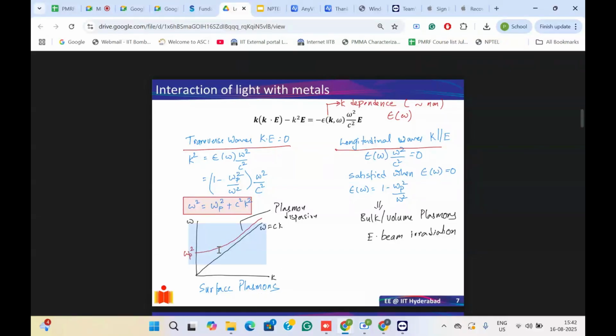This shows that these waves can exist only for frequencies greater than light. They cannot exist below omega equal to ck. When this type of waves interacts with the matter, they are known as the surface plasmon waves.